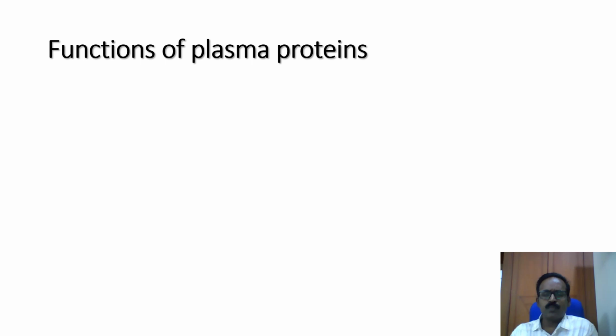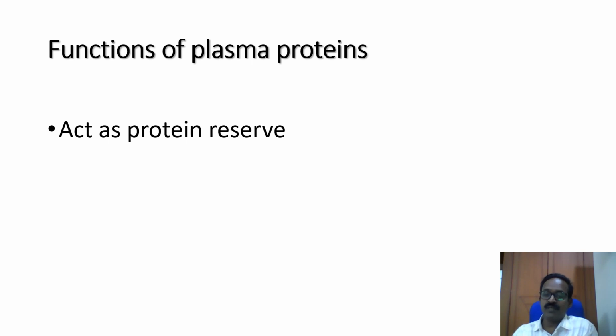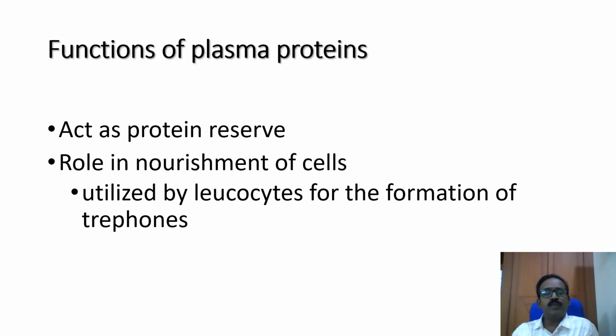The plasma protein acts as the protein reserve during fasting and conditions like malnutrition. At that time this protein is the reserve to supply energy. And the plasma protein is also important for nourishment, feeding the cell culture.